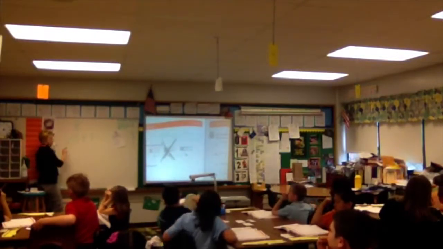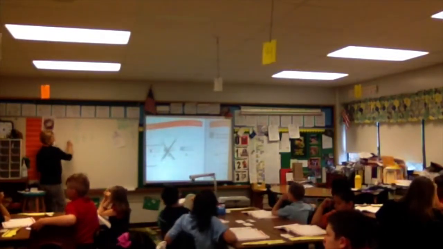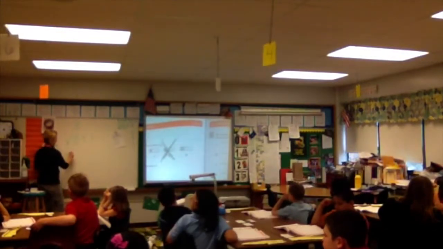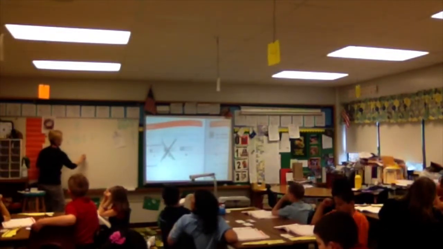If I multiply 2 times 2, is it going to be 6? No. That's how I get the A. Now let's go down here. A has to equal 2/6.